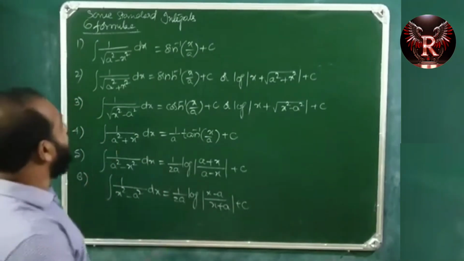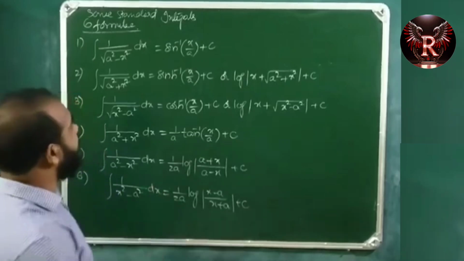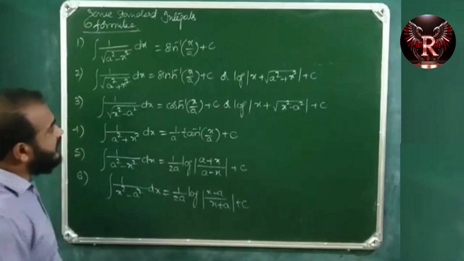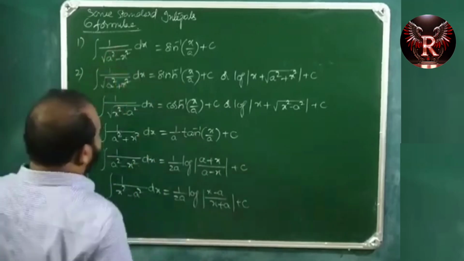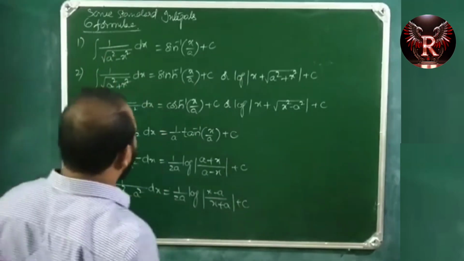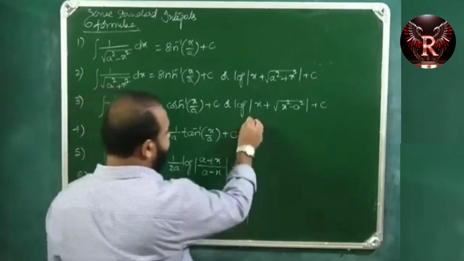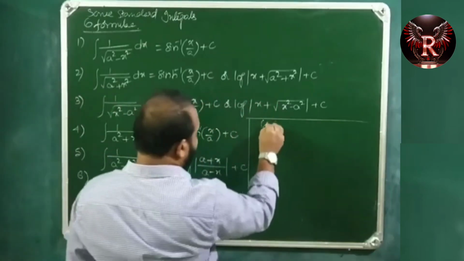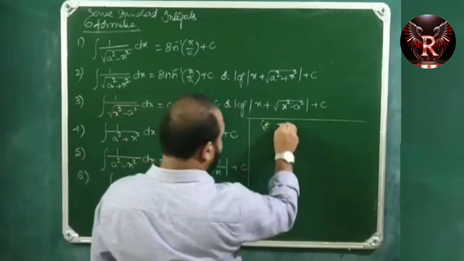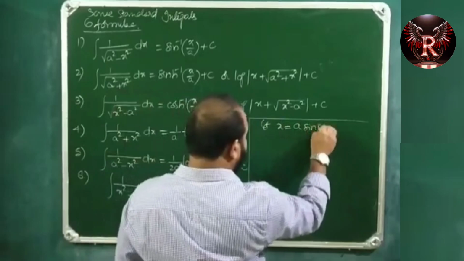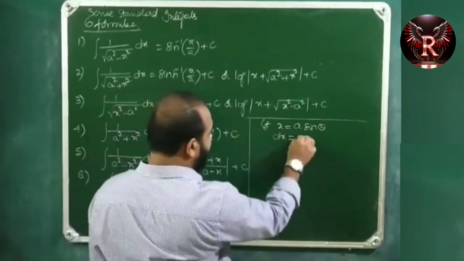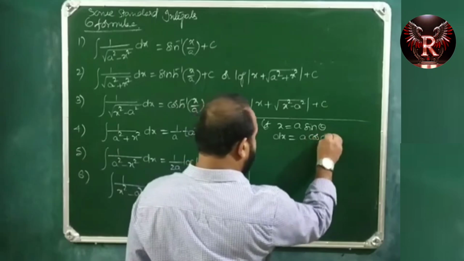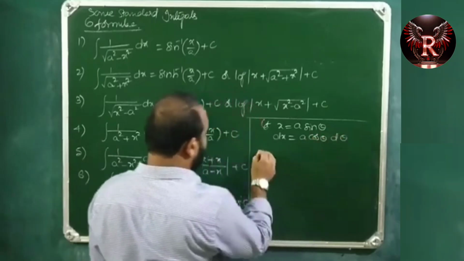Also, these are some standard integrals. Now let us derive. Integral 1 by root of a square minus x square dx is equal to sin inverse x by a plus c. So let x equal a sin theta. Differentiating, we get dx is equal to a cos theta d theta.